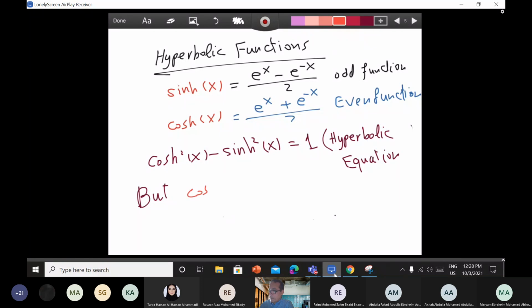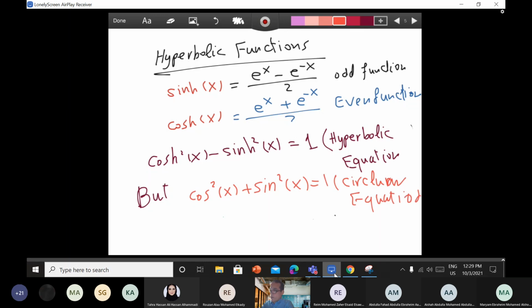Cosine square x plus sine square x equal to 1. This is what? This is circular, yeah? Circular equation.